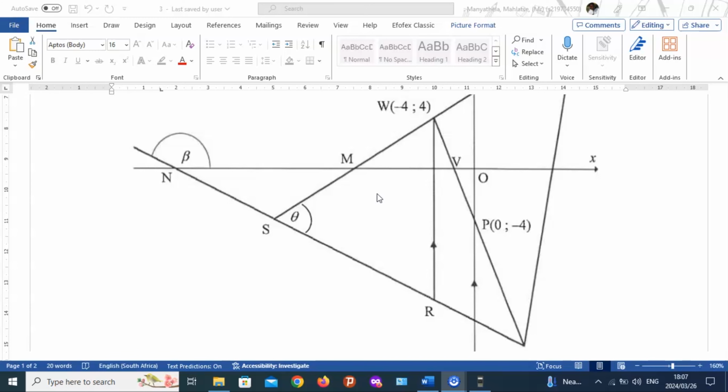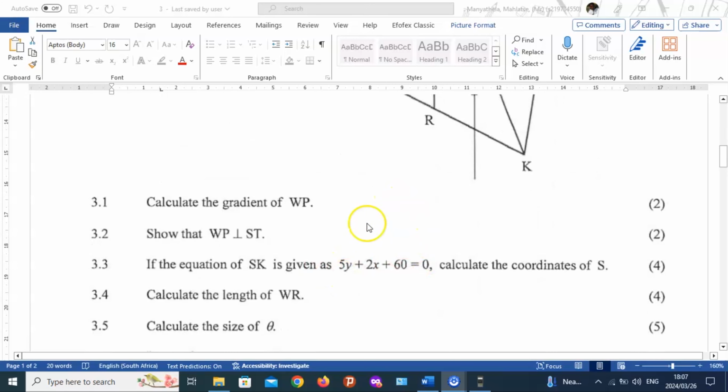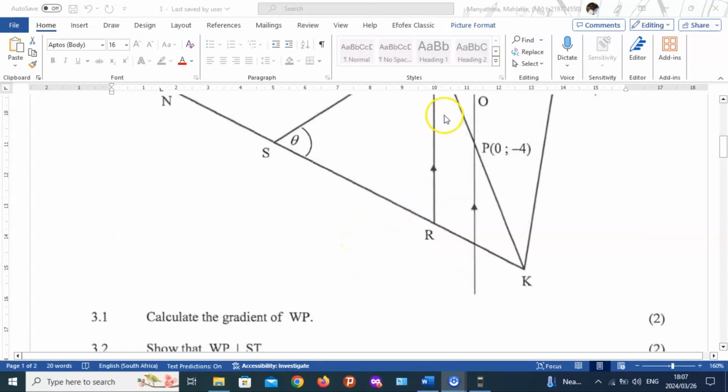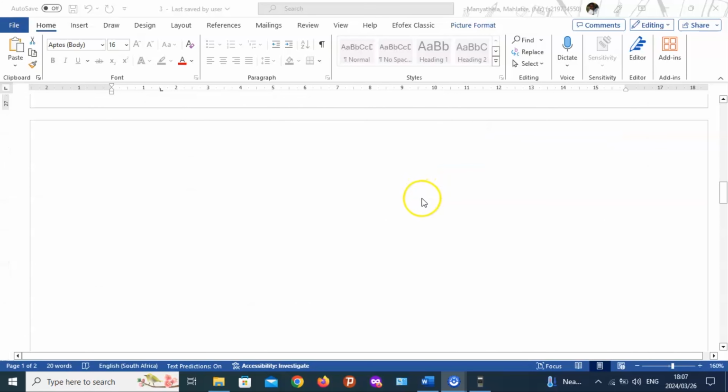So where we see x in this equation, we are going to replace it by -4, because x on this line is equal to -4.